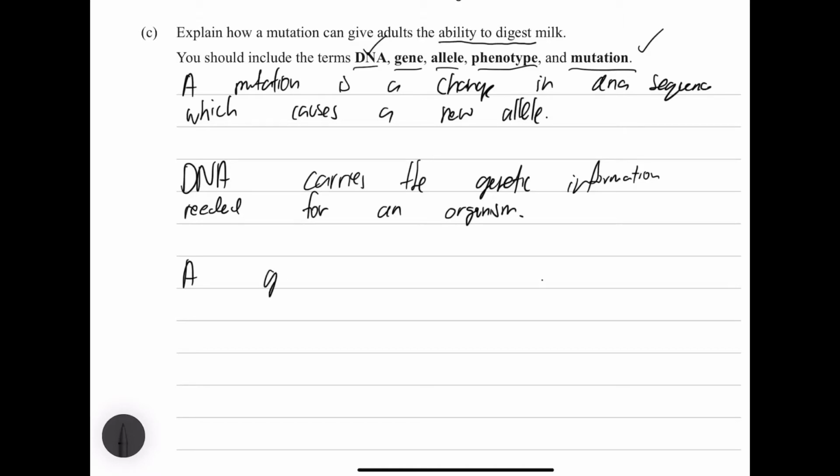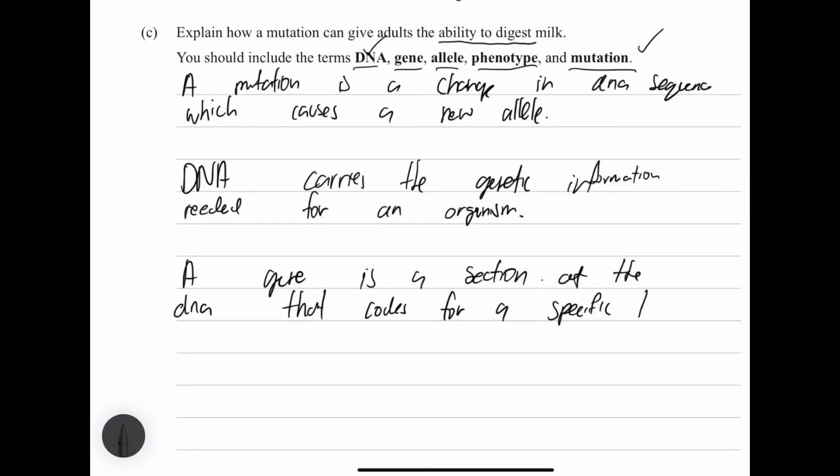So we can say a gene is a section of the DNA that codes for a specific trait.